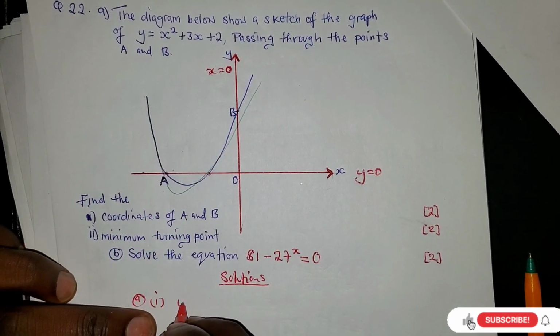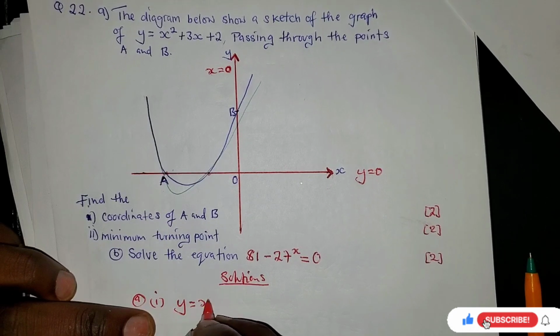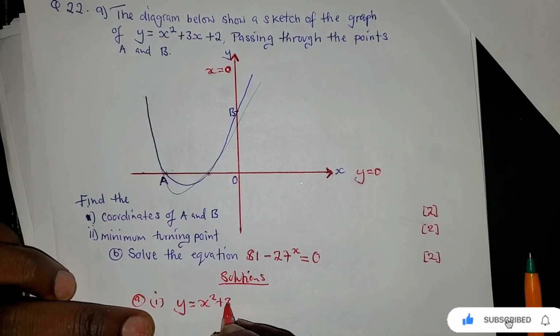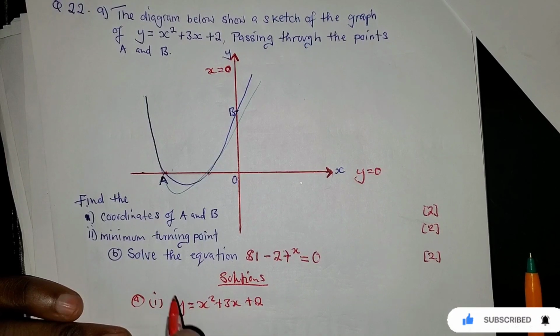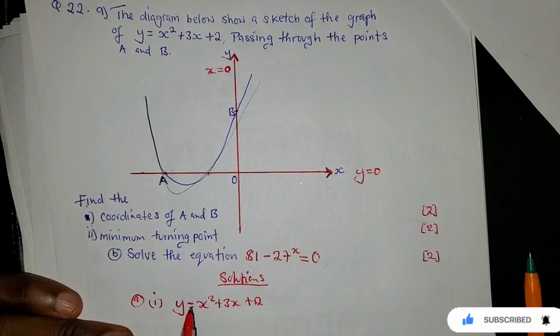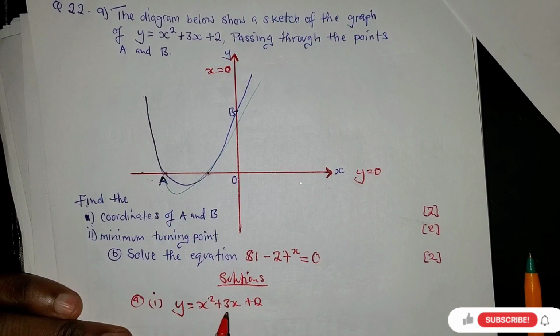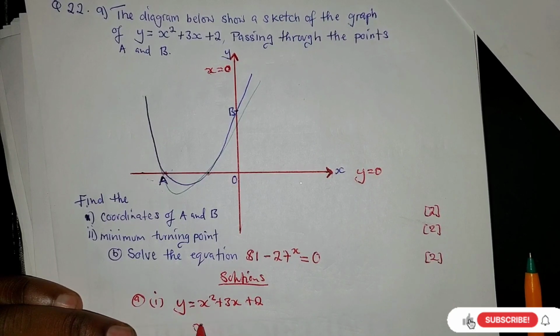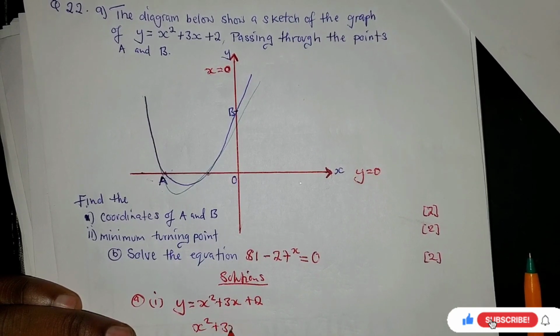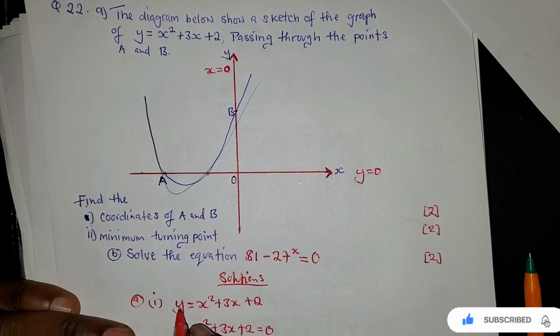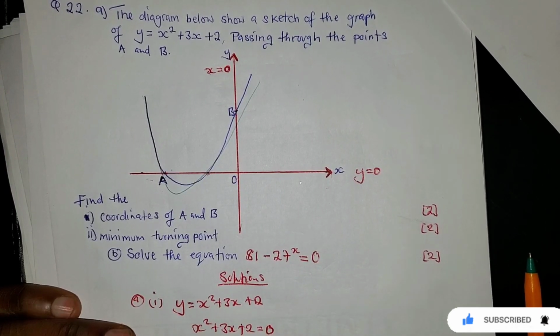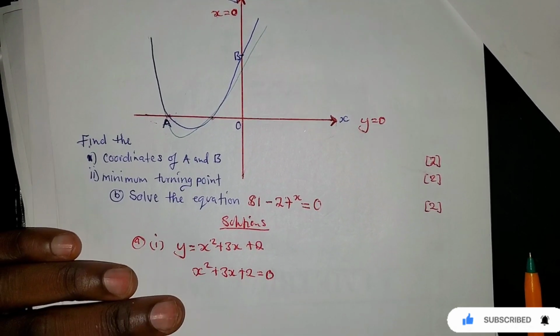Let's write down the function y is equal to x squared plus 3x plus 2. Since y is 0 on the x-axis, we substitute y with 0. x squared plus 3x plus 2 is equal to 0.